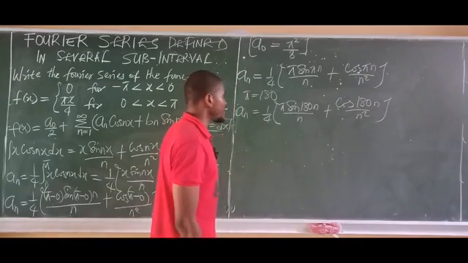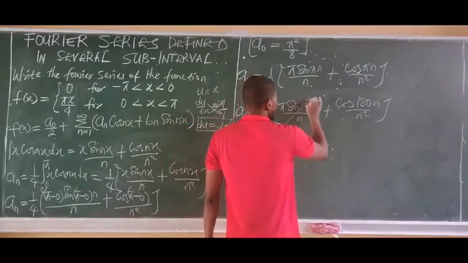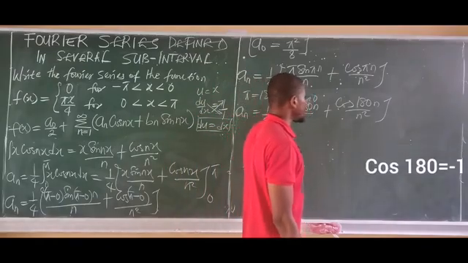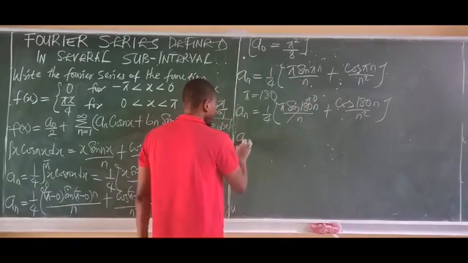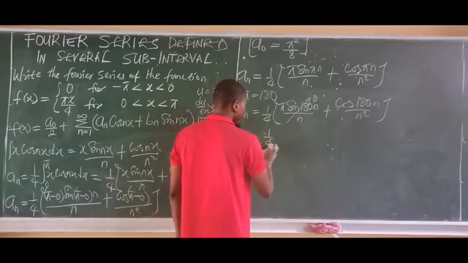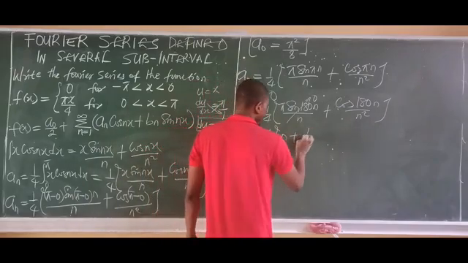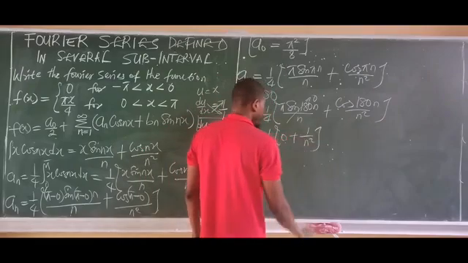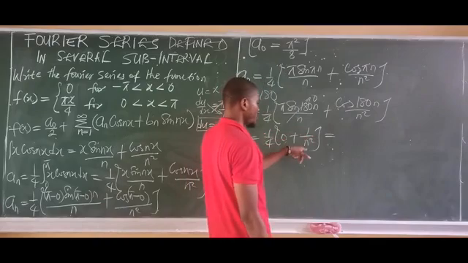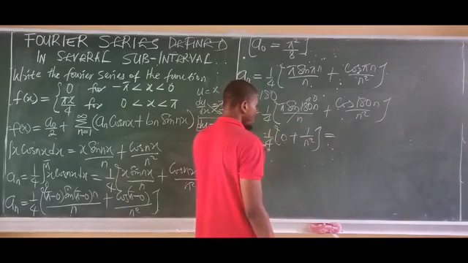So sine 180 is 0. Automatically, everything here becomes 0. Cos 180 is 1. So this implies an is, not forgetting, 1 over 4 into 0 plus 1 all over n squared. So this becomes, of course, 0 plus 1 over n squared remains 1 over n squared times 1 over 4.